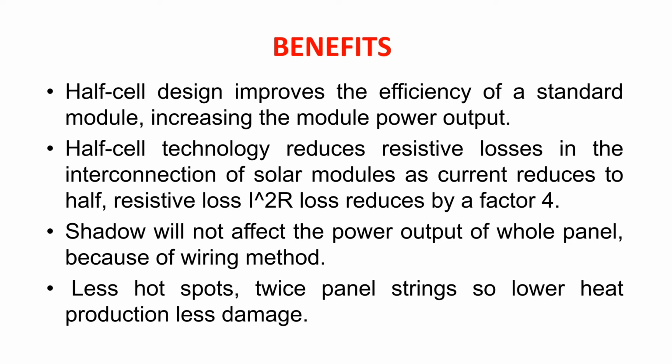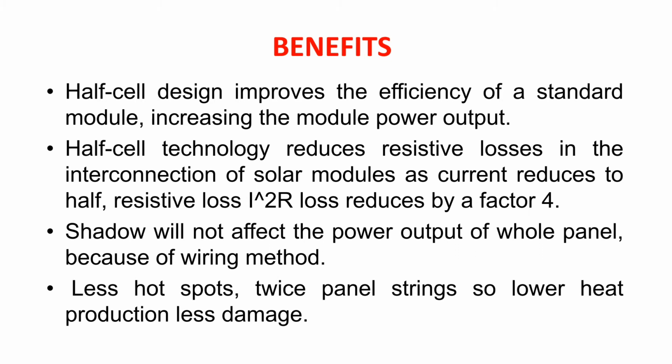Now friends, talking about the benefits of half cell technology, that is, why we are cutting a full cell into half and making a new type of solar module. The first one is it improves the efficiency of the solar module, or it increases the output power of the module. This is because when we cut the cell into half, the length of the bus bar decreases, which decreases the path covered by the current, so the power losses decrease.